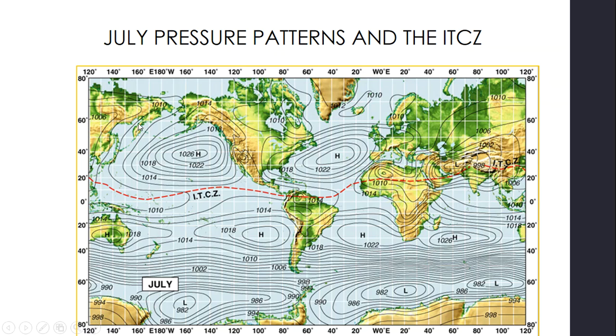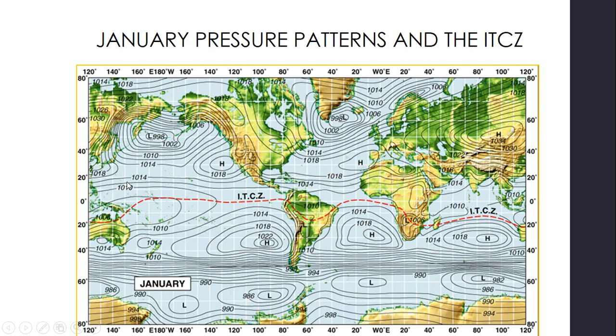And here we can look at pressure patterns in the ITCZ. So this is in July. That ITCZ is going to be in the northern hemisphere. So here's the equator, our 0 degrees. It's going to be up above that equator. It's not a perfect band around because it interacts with a bunch of other variables, but it's going to be in the northern hemisphere in July.